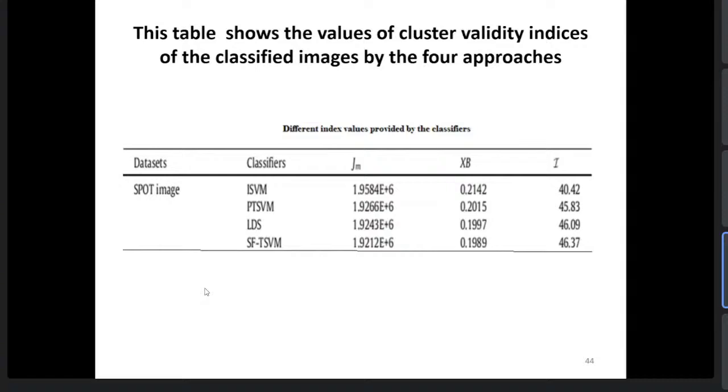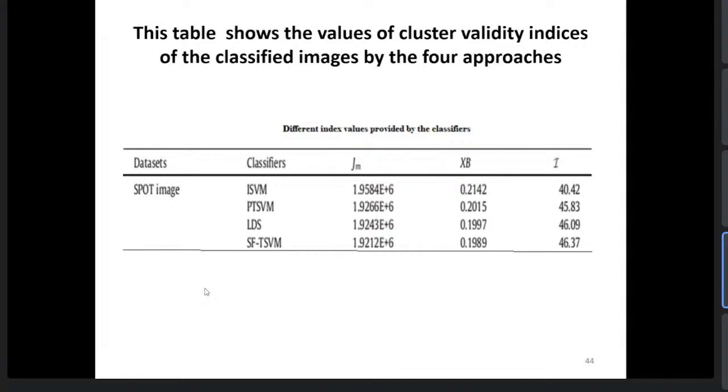Okay, so what I have told is that a lower value of JM and XB implies a better result, and a higher value of I implies a better result. Now you see that in our case, SFTSBM, successive filtering TSBM, the JM and XB values are less compared to the other algorithms.